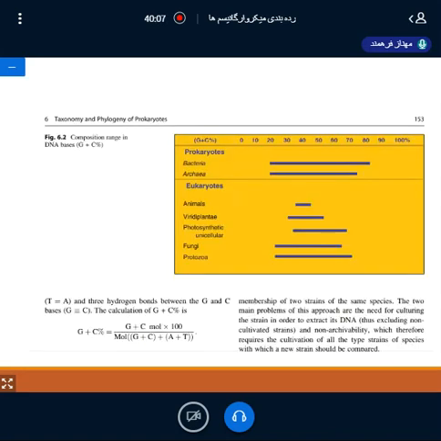So the range here is 24 up to 76 in bacteria, and in archaea it is similar. In the eukaryotes, this percentage is less: plants, photosynthetic unicellular organisms, fungi, and protozoa.